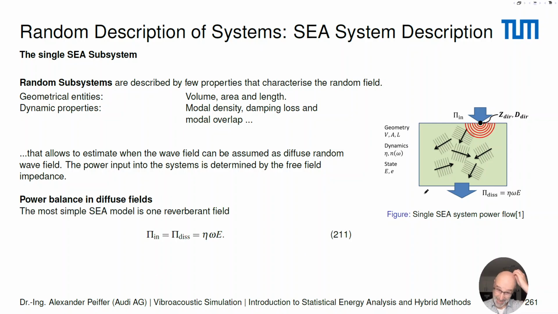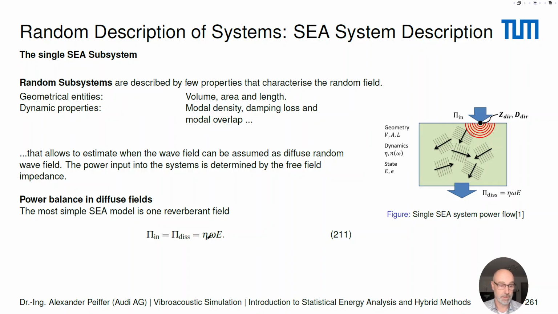So in the random subsystem, we have some dissipation, and this is the energy that is lost by this single subsystem description. And this expression is just given by the damping loss factor, frequency, and energy of the system. So the most simple power balance is just the balance of the input power and the outlet power, so the dissipated power.